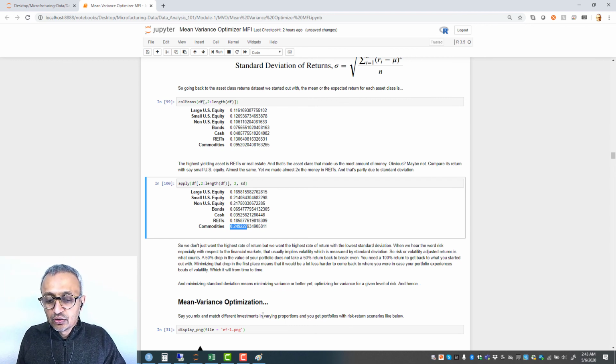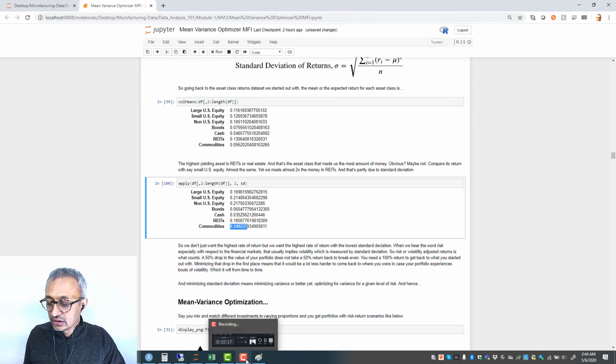So we're going to talk about mean variance optimization. Just take this as a way to look at your portfolio, how you build a portfolio, and how you understand some of these concepts, so that you can apply them to other problems in your life and in your career.